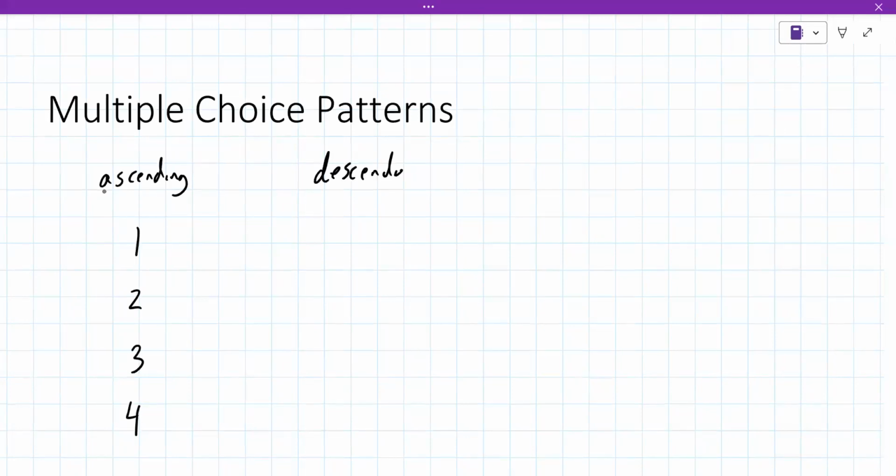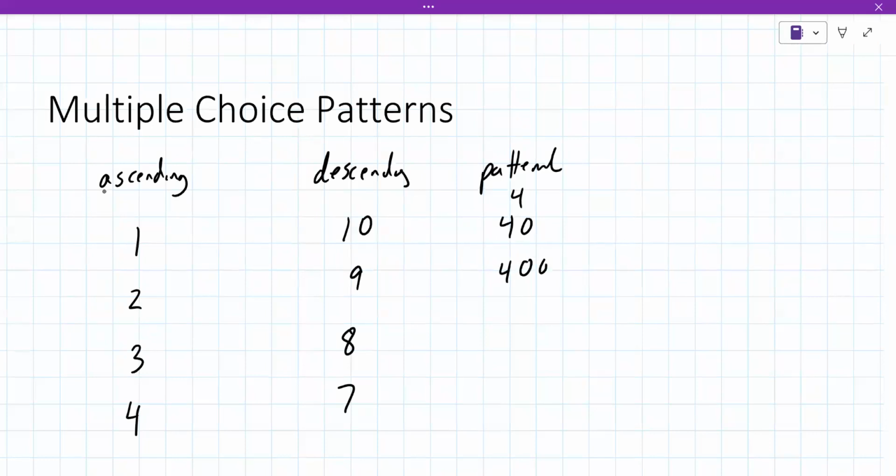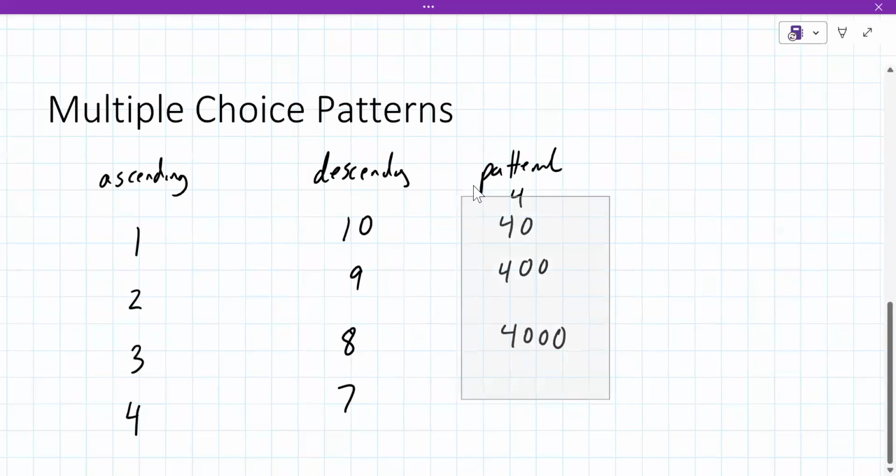Descending would be like 10, 9, 8, 7. Sometimes they have patterned answers, where they go up by zeros, like 4, 40, 400, 4,000. You'll sometimes see stuff like that.